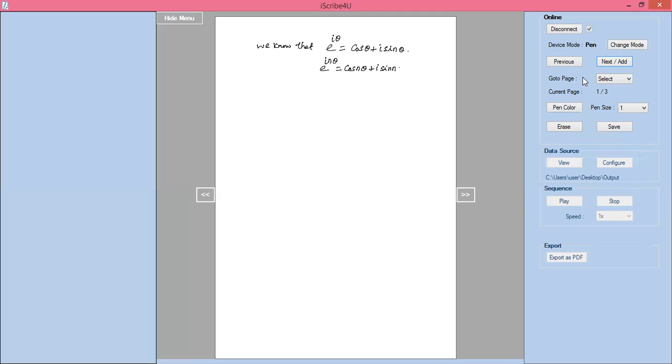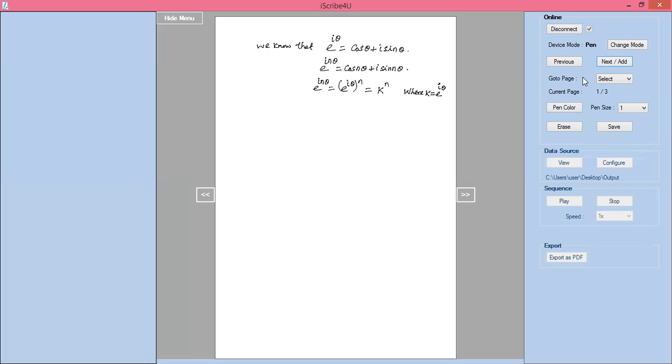Now this e power i n theta I will write in the form of (e power i theta) whole power n, I will write k power n, where k equal to e power i theta.